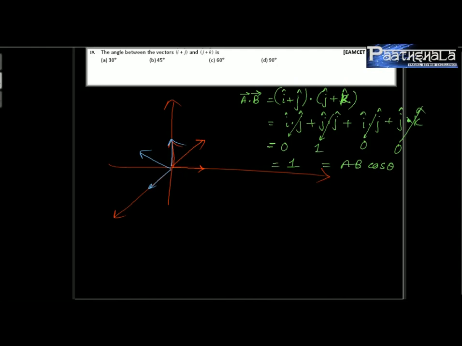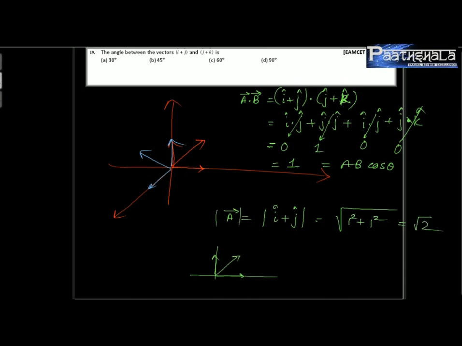And you can very well note the magnitude of the vector A is equal to magnitude of i plus j, which is equal to under root 1 square plus 1 square. Magnitude means the length of the resultant vector formed by the vector i and the vector j. So this is equal to root 2.